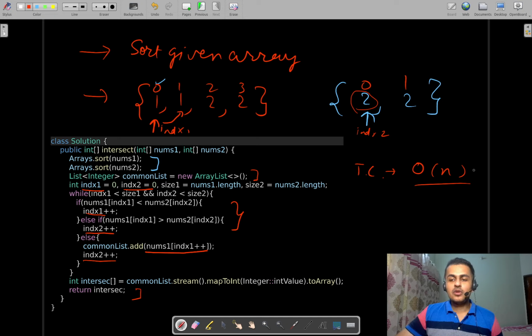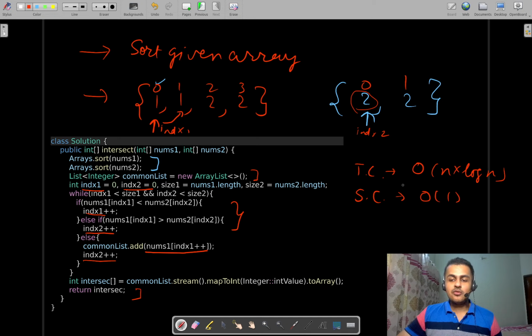But if you consider sorting, the arrays not being already sorted, then the time complexity will not be order of n, it will be order of n log n. And if you are not considering the space used to store the common elements, the overall space complexity for this algorithm will be order of 1, which is constant.